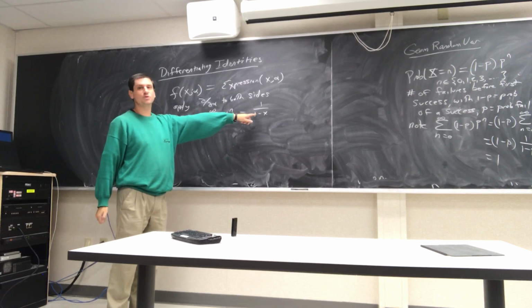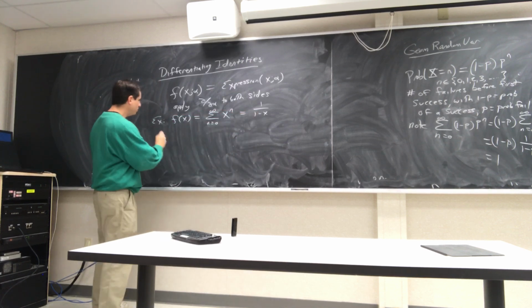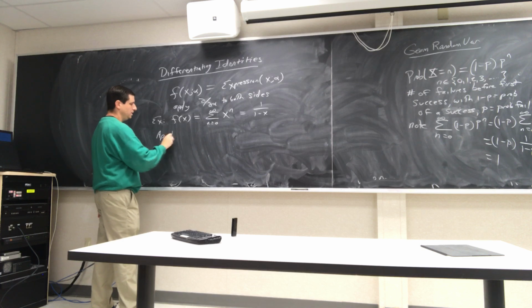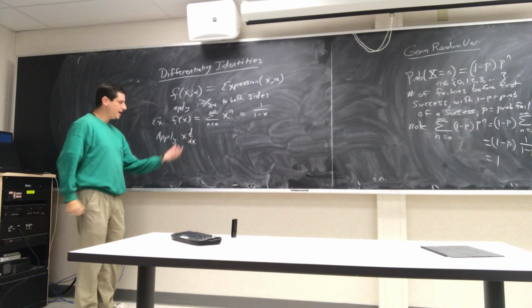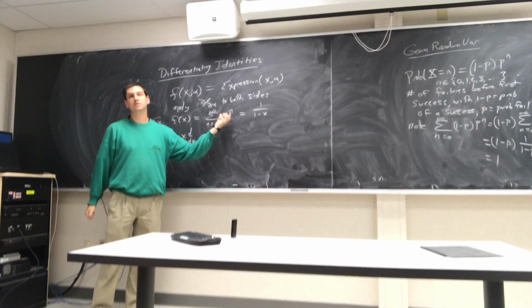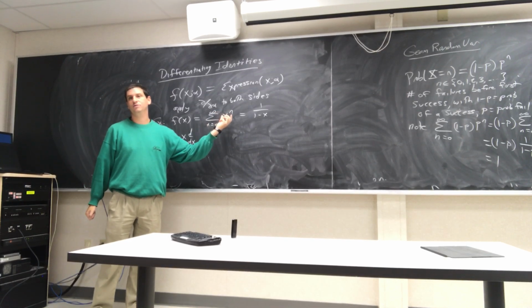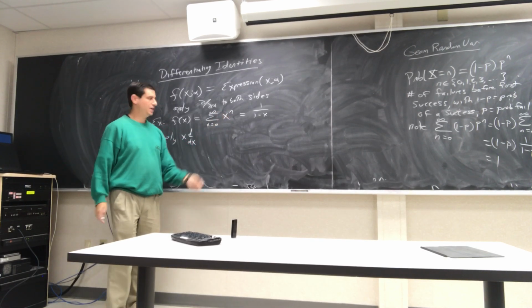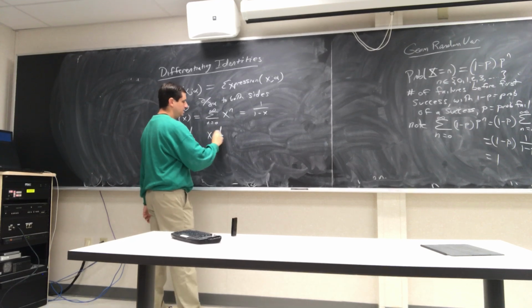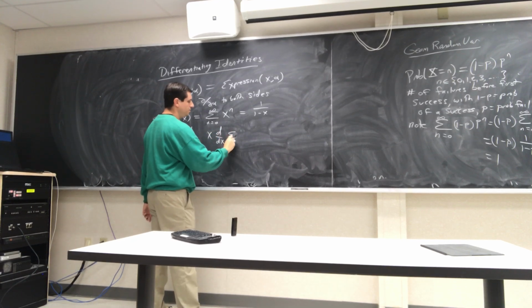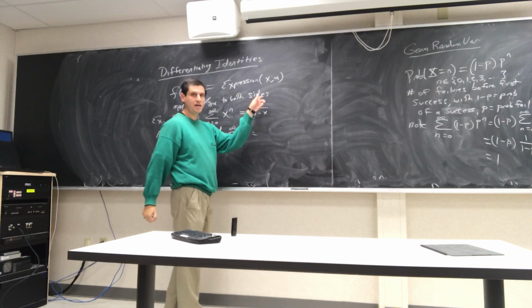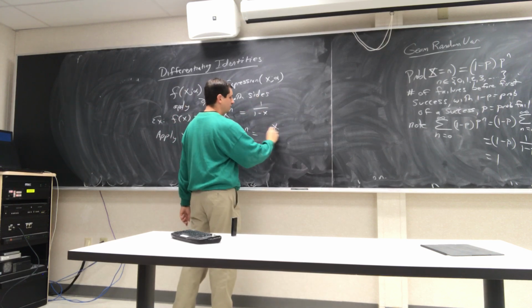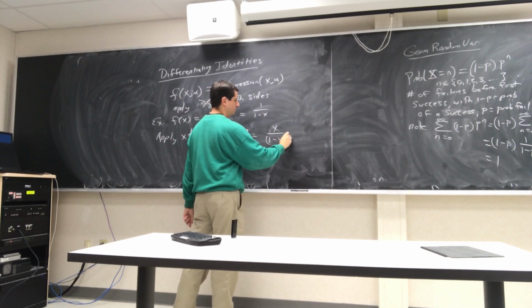I can differentiate this with respect to x without any trouble. So we're going to apply the operator x d by dx. And the reason we apply x d by dx is it keeps the power of x the same afterwards. And so we get x d by dx of the sum, n goes from 0 to infinity, of x to the n. And now when I take the derivative of this, when the dust settles, I get x over (1 minus x) squared.